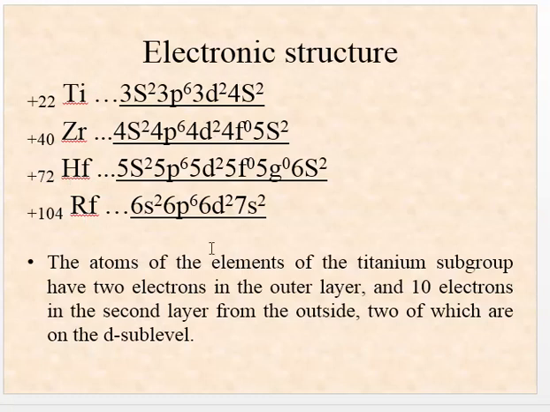You can see from our slide the atoms of the elements, and you can see that each element in the last level has 2 electrons in the s orbital.